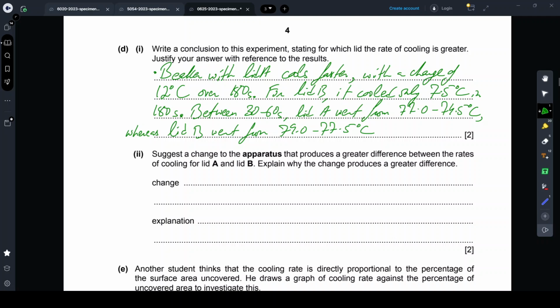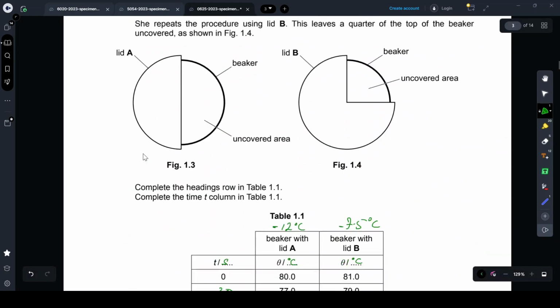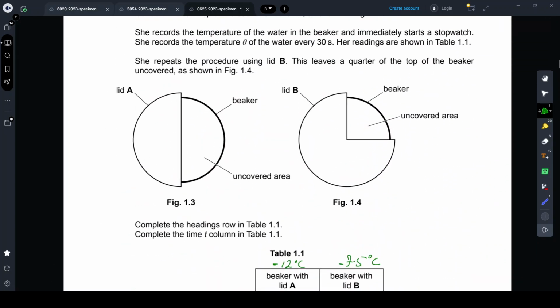Suggest a change to the apparatus that produces a greater difference between the rates of cooling for lid A and lid B. Explain why the change produces a greater difference. So here are the lids. What will you change to produce a greater difference?